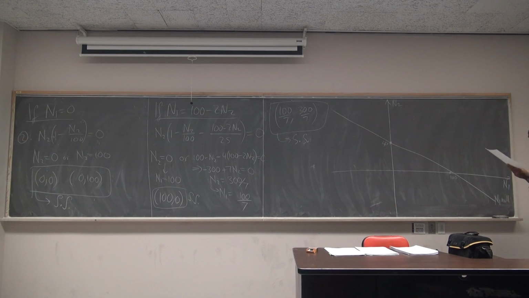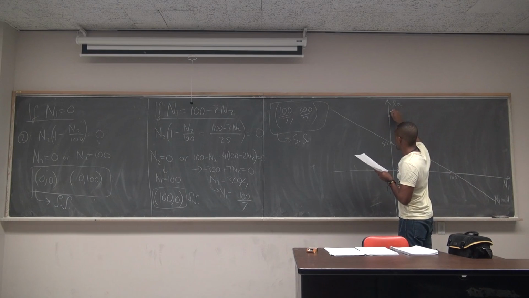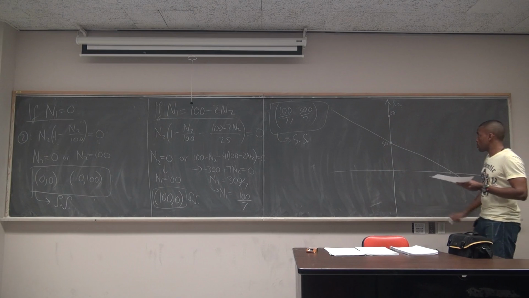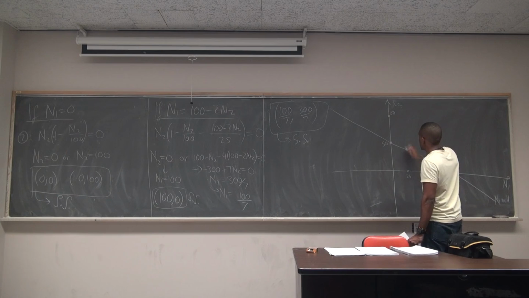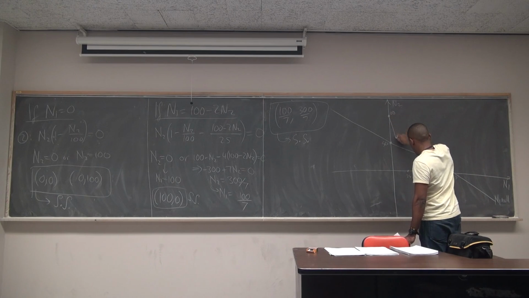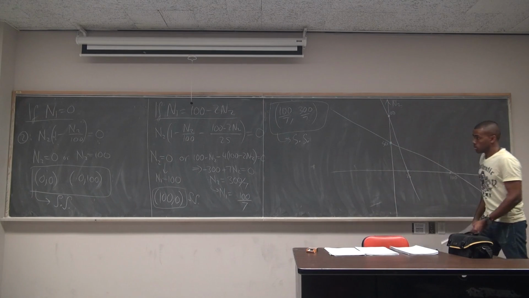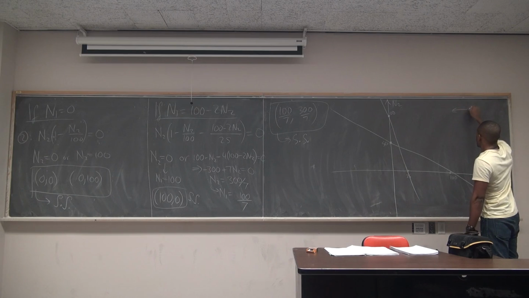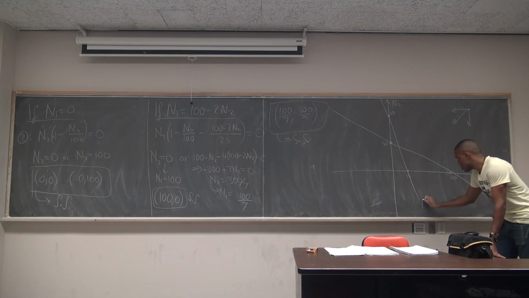And then we move on to the n2 null. So my n2 would go through 100, and my n1 would go through 25. So it would connect those two. Now we're going to put in our arrows. This is the n2 null.